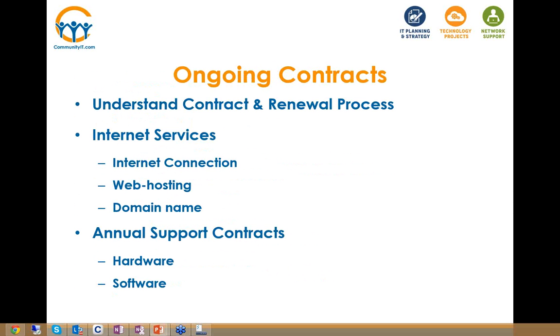Great. So moving along, understand your ongoing contracts. What's the contract and renewal process, particularly with a lot of these services? Most things that we're seeing, most ISP-related stuff and some phone stuff, is a 2 or 3 year purchase with an annual auto renew, or sometimes a 3 year auto renew.